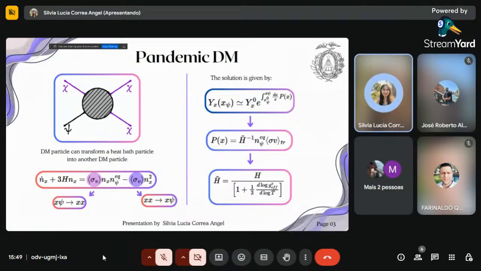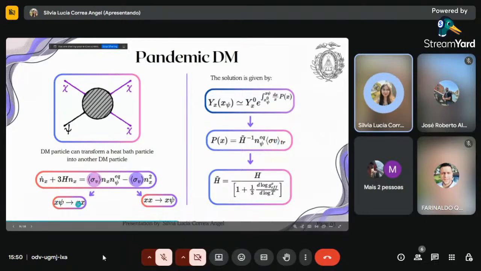The author says that he was inspired during the pandemic to formulate this mechanism. So here we are assuming an initial dark matter quantity, and here we have this P, which will be the rate of generation of this dark matter, governed by this equation, which depends on sigma v, the first one, in this case the production of dark matter from the interaction of the dark matter with the heat bath.